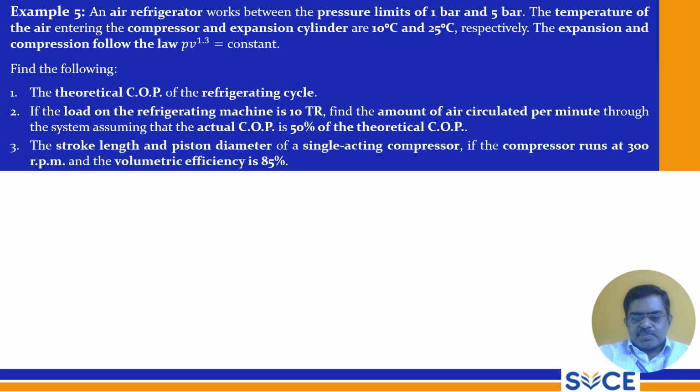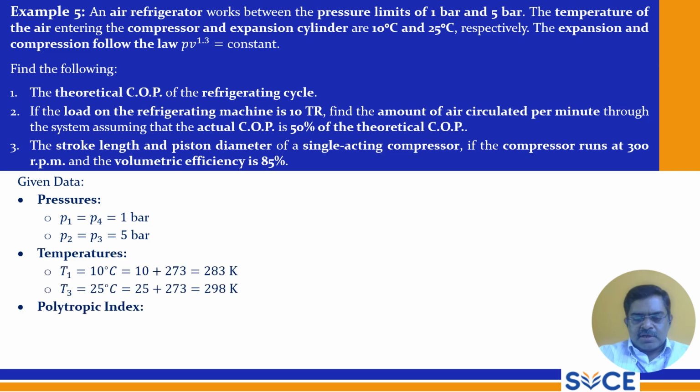Also find the stroke length and piston diameter of a single acting compressor, if the compressor runs at 300 RPM and volumetric efficiency is 85%. So many data are available here. Given data: P1 equal to P4, that is 1 bar. P2 equal to P3, that is 5 bar. T1 equal to 10 degrees Celsius, that becomes 283 Kelvin.